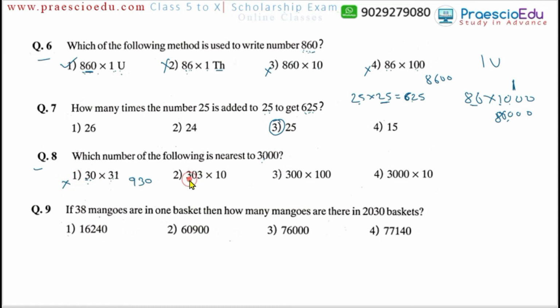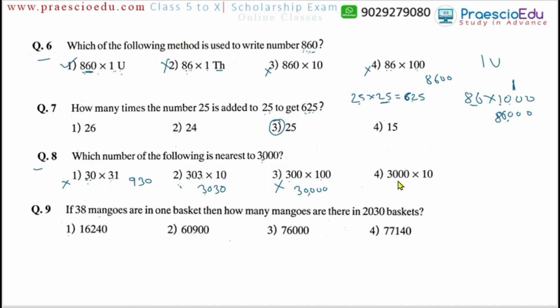After this, 303 multiplied by 10: the 0 comes at the unit place, so it is 3030. This is very near, so we will keep it. Then 3000 multiplied by 100 is 300,000, so it should not be.